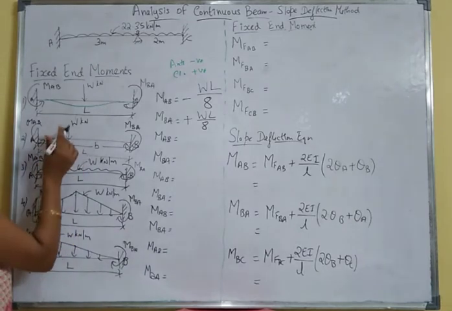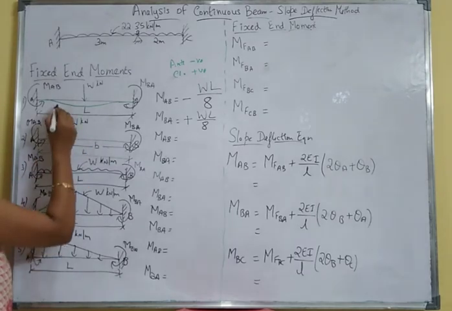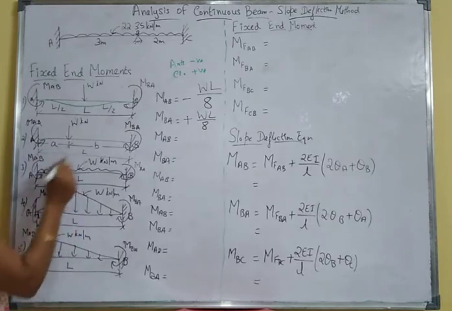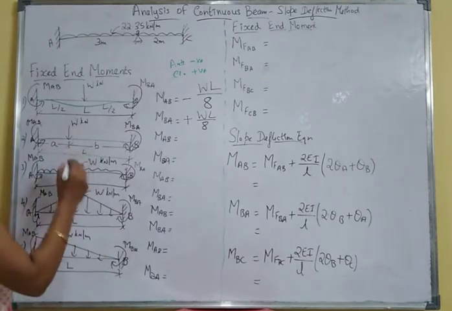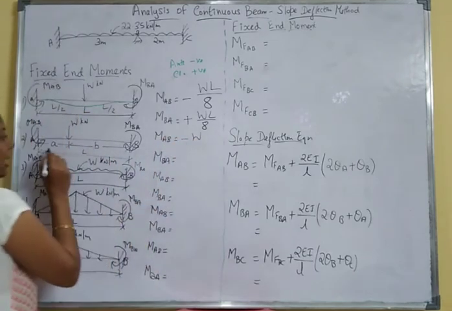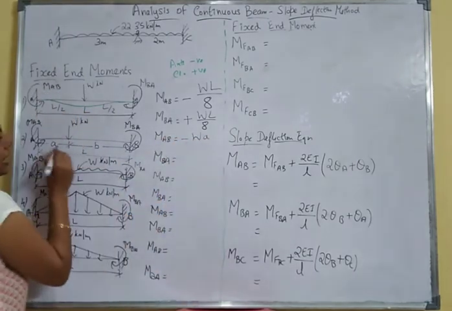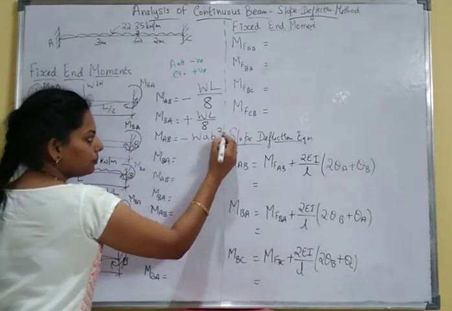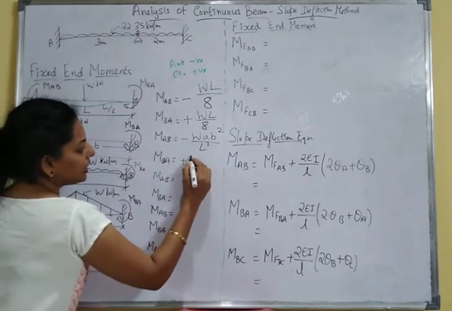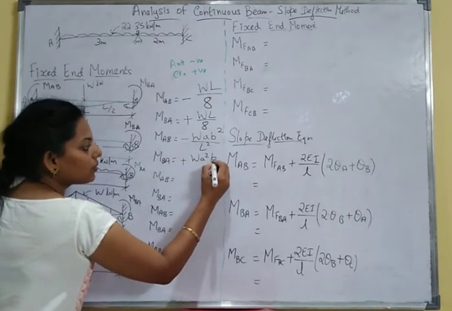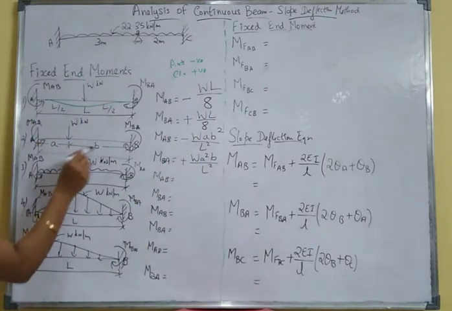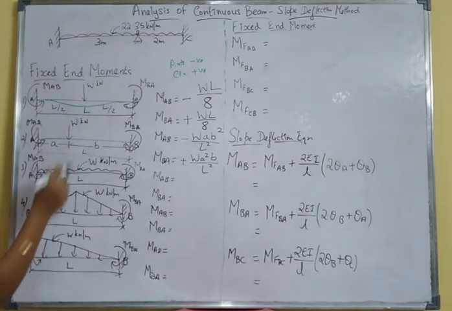Similarly, if the point load is not exactly at the center, at distances A and B, then at this end it will be minus W A B square by L square, and similarly plus W A square B divided by L square. This is your formula for a point load at varying length.